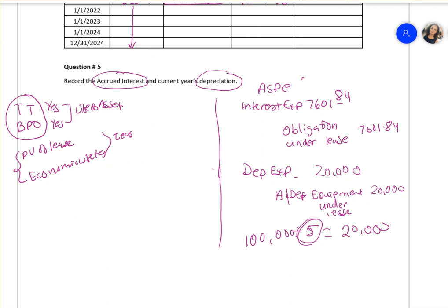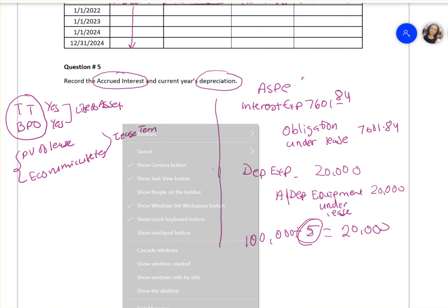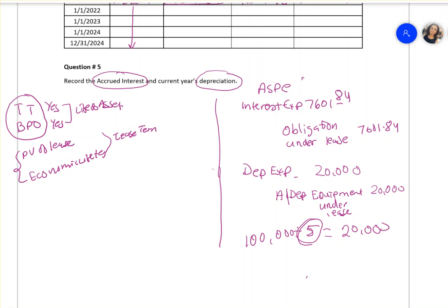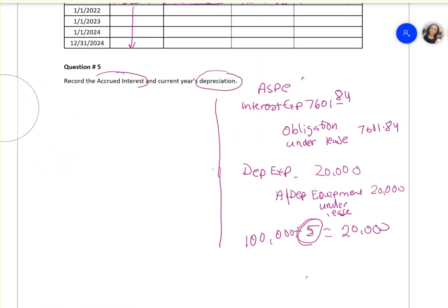So whatever the lease term is, you amortize your asset on that. If the title transfer and the bargain purchase option criteria were met in order for you to have a capital lease, then you will do it over the life of the asset. So let's erase this, you don't need this.